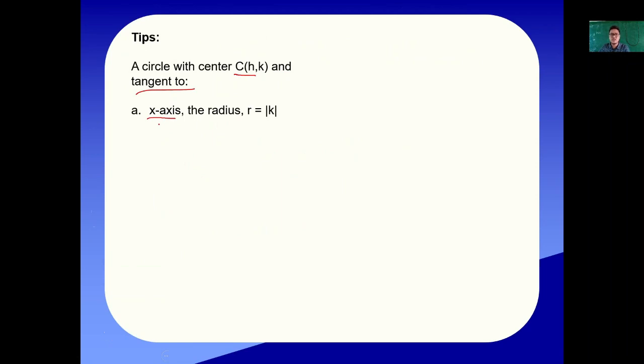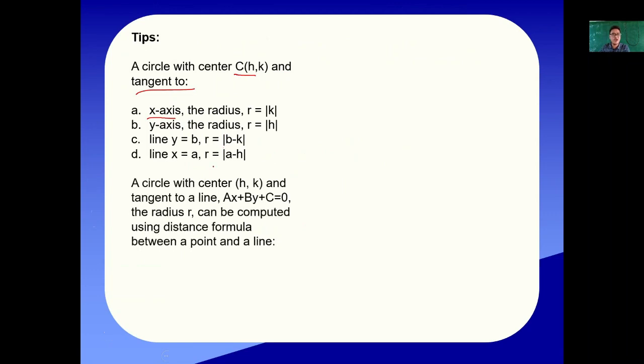If tangent to y-axis, the radius is equal to absolute h. And for letter C, if the y variable has a value b, to find the radius, we have r is equal to absolute b minus k, and if the line x is equal to a, or any value of x, to find the radius, we have r is equal to absolute a minus h.